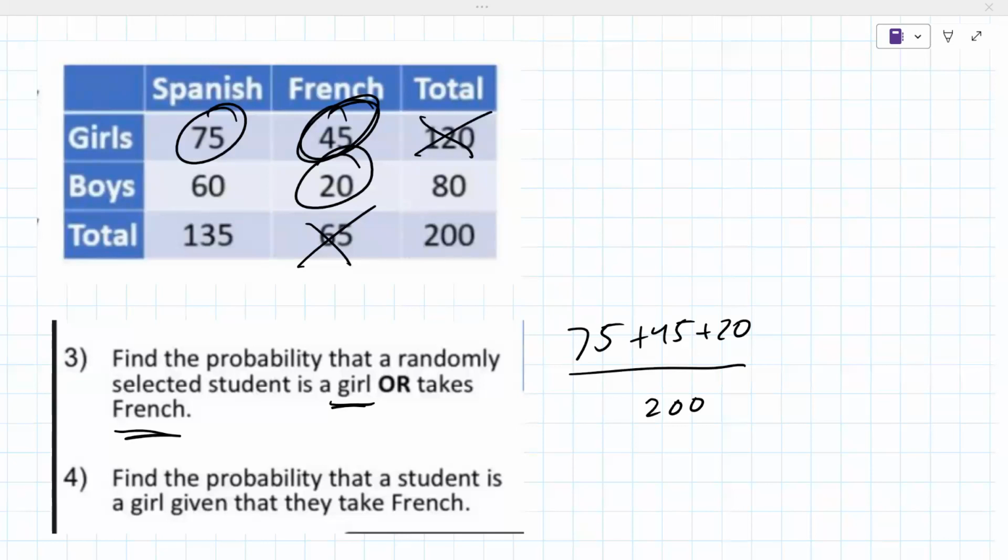All right, so that'd be 140. So then that would be 7/10.